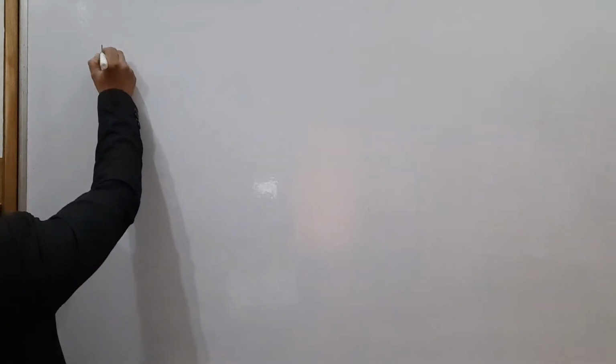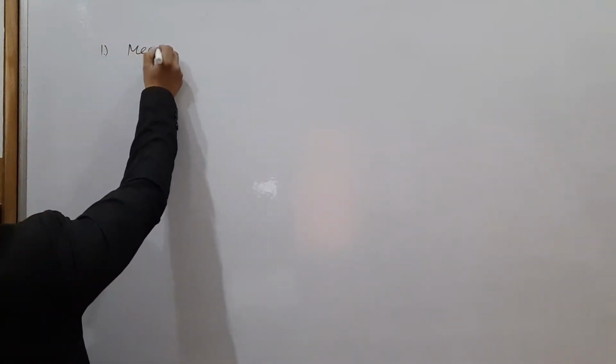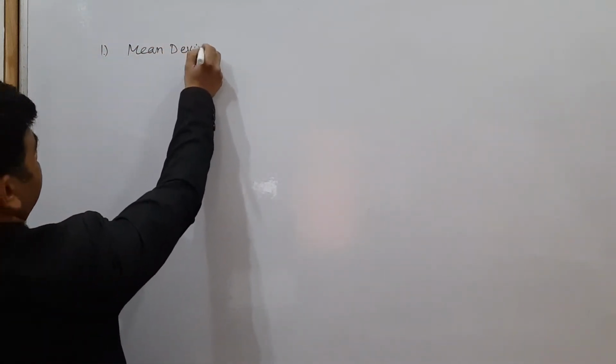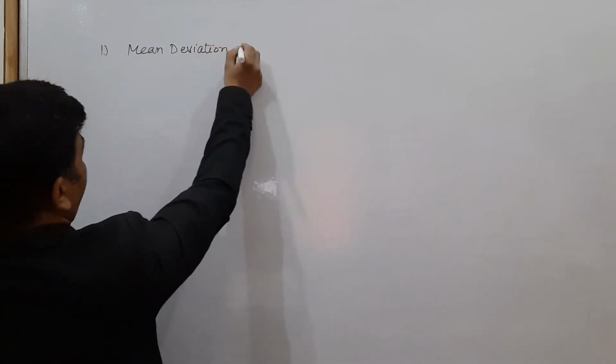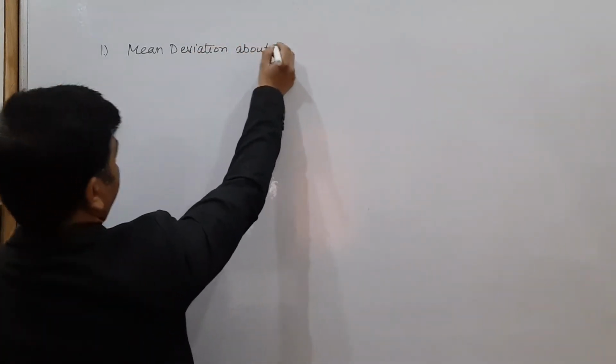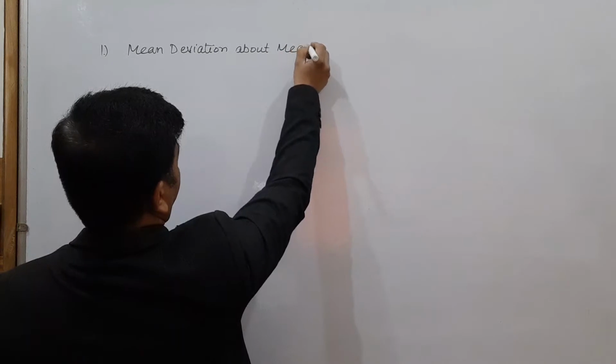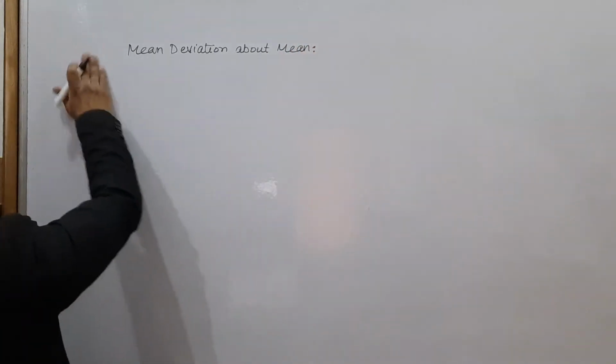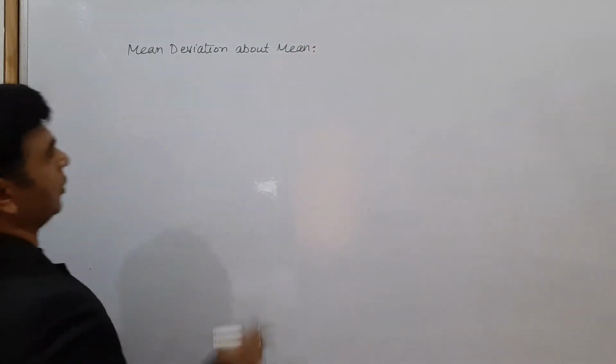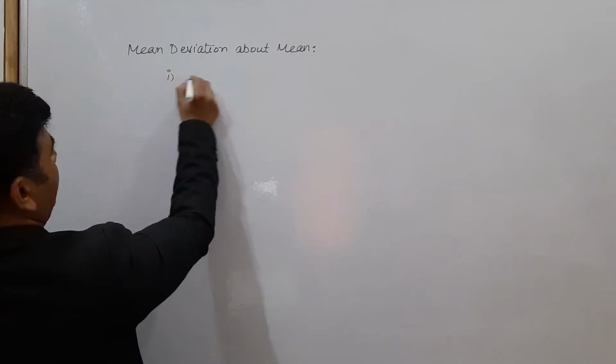In the first question we need to find a mean deviation about mean. Let me first write down the formulas for how you can find a mean deviation about mean. This is the first case, for ungrouped data.